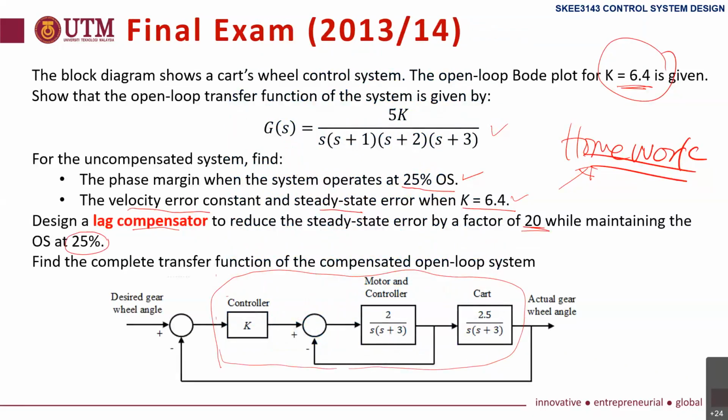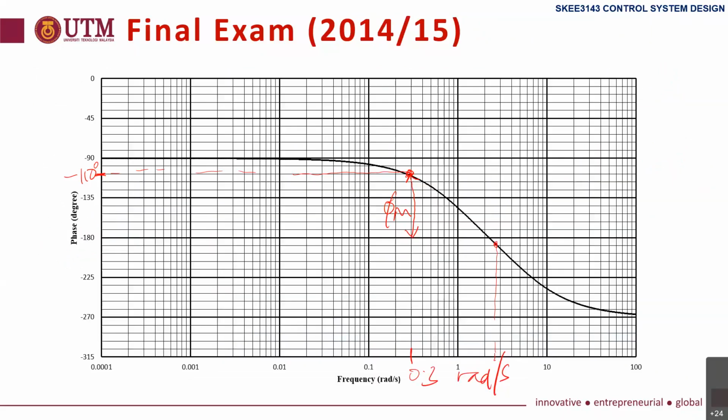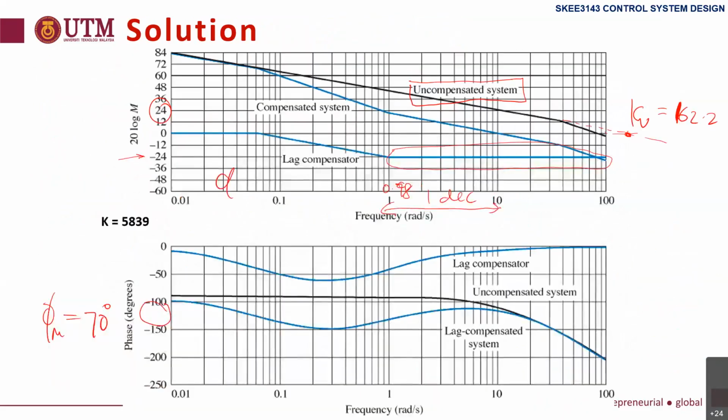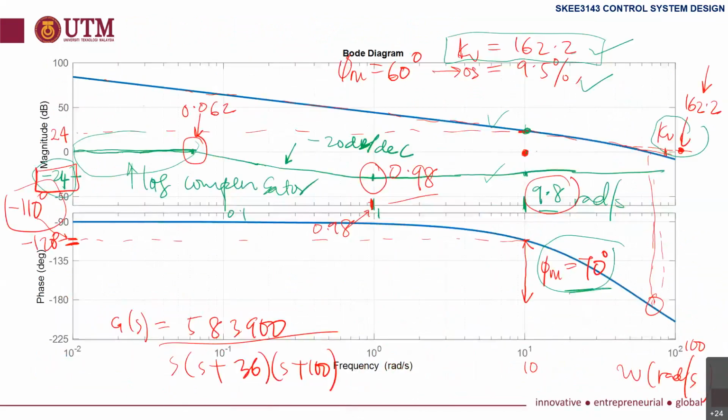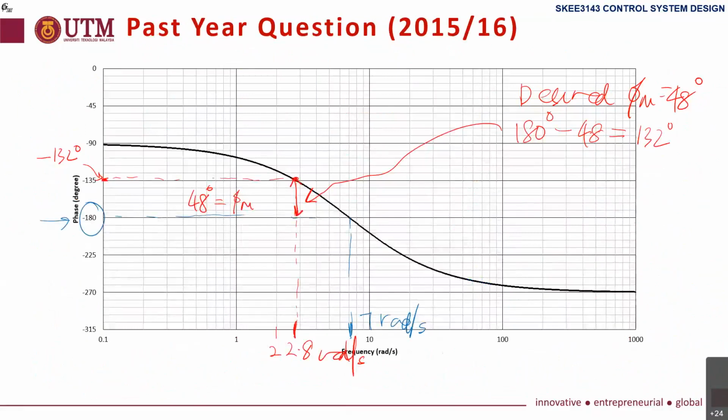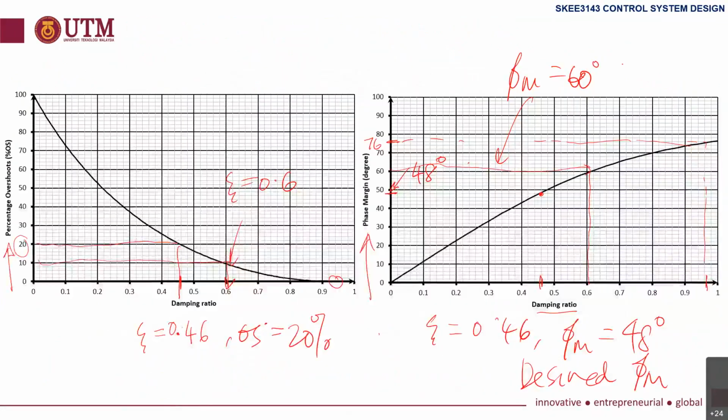Okay, when overshoot is 25%, we can use this graph, the graph between overshoot, damping ratio, and also phase margin.